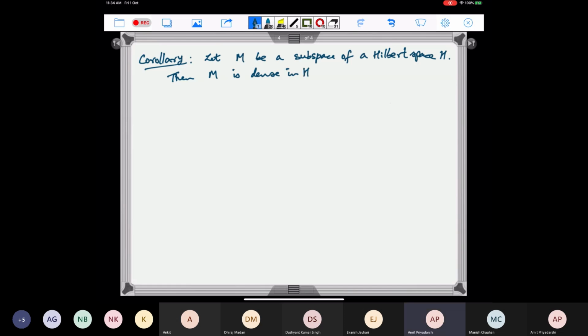So this is saying when a subspace is dense in a Hilbert space: a subspace is dense if and only if its orthogonal complement contains only the zero vector.